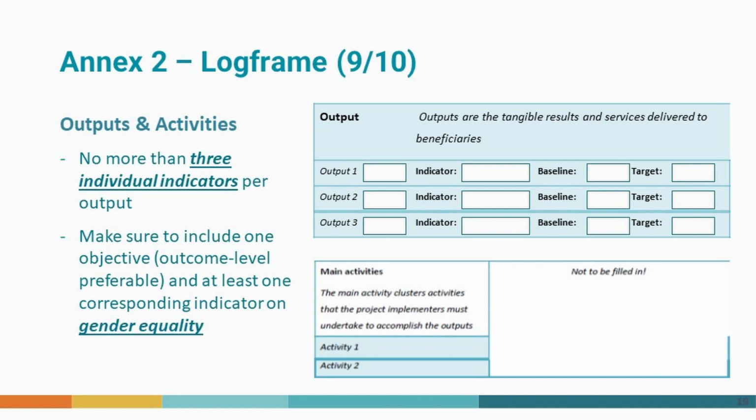It is recommended that there are no more than 3 individual indicators per output. Moreover, a new requirement of the Mitigation Action Facility, according to the Gender Action Plan, is that projects are required to include 1 objective on gender equality, preferably at the outcome level, and define at least 1 corresponding indicator.